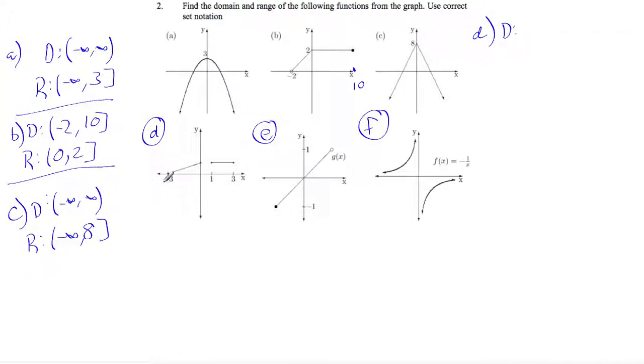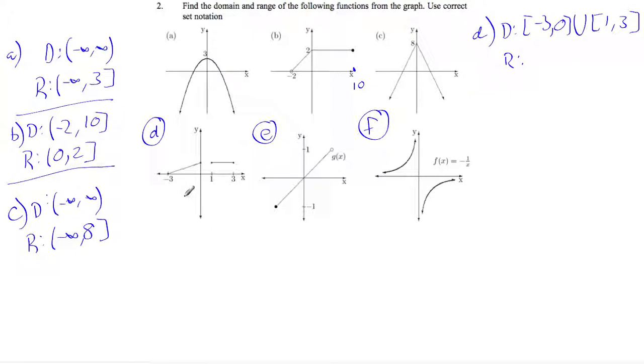What can the x value be? Well, here we see we start at negative 3, and it equals it. And it goes all the way to 0, and equals that, but then it skips. And so we have another set. We pick up at 1, and we go to 3, and we're done.